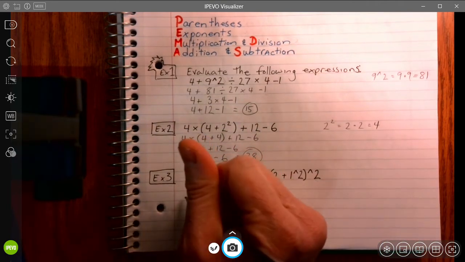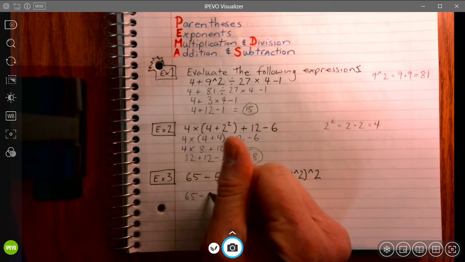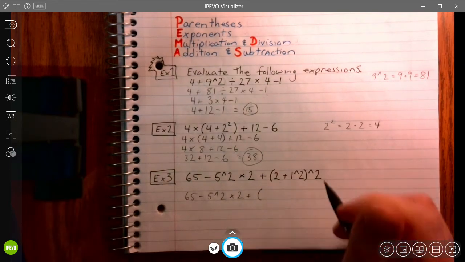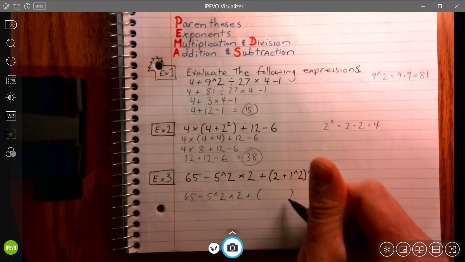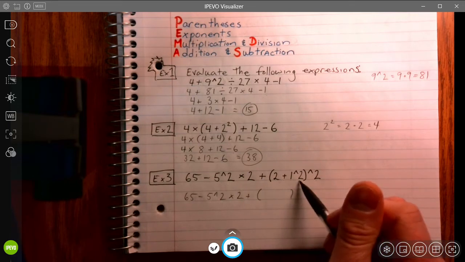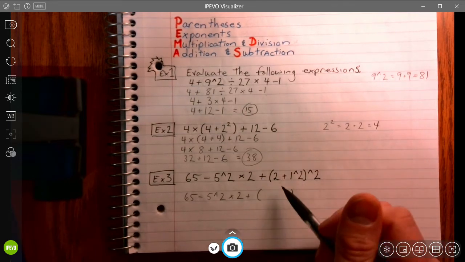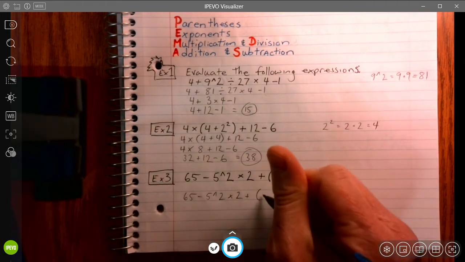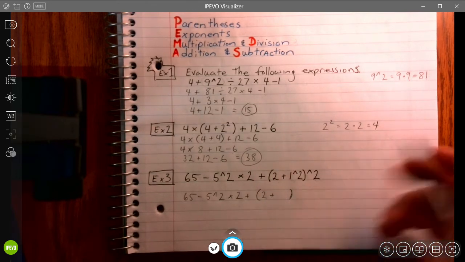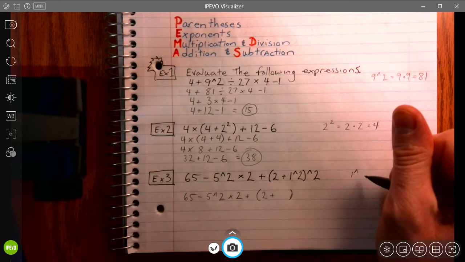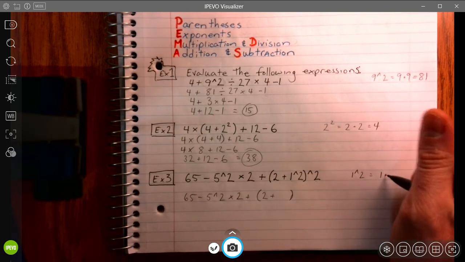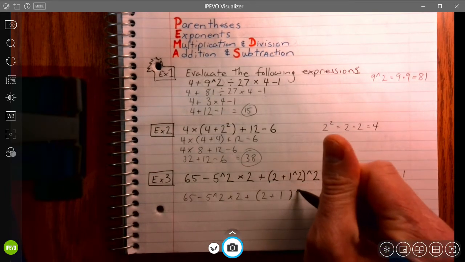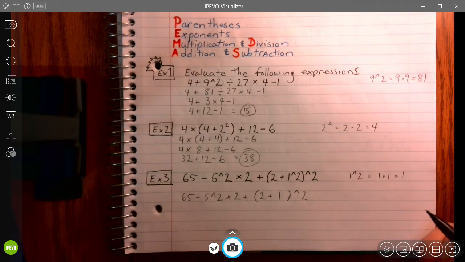Let's copy down the rest first, and let's look at what's inside the parentheses here. I've got 2 plus 1 squared. First, I have to ask myself, are there parentheses within the parentheses? No. Are there exponents within the parentheses? Yes, 1 squared. Well, 1 squared is equal to 1 times 1, which is just equal to 1. And then that expression within the parentheses is also squared.